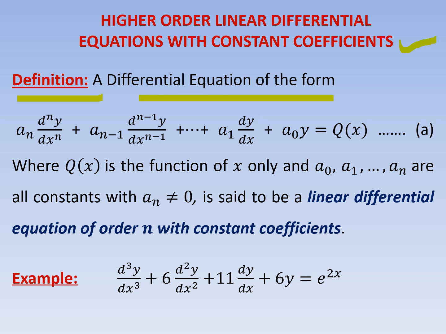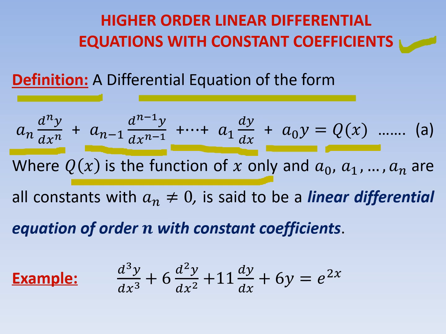Definition: a differential equation of the form an times nth derivative of y with respect to x plus an minus 1 times (n minus 1)th derivative of y with respect to x plus so on plus a1 times first derivative of y with respect to x plus a0 times y is equal to q of x, where q of x is a function of x only, and a0, a1, so on, an are all constants, which are coefficients of the dependent variable and its derivatives respectively, with an not equal to 0.